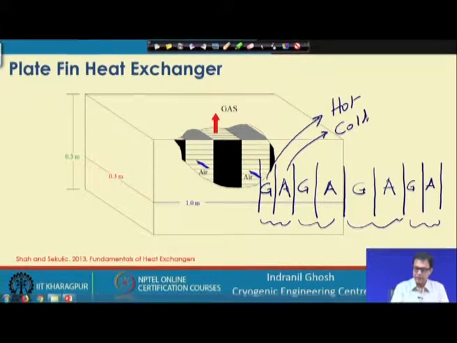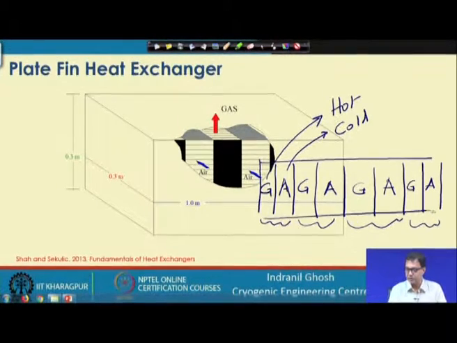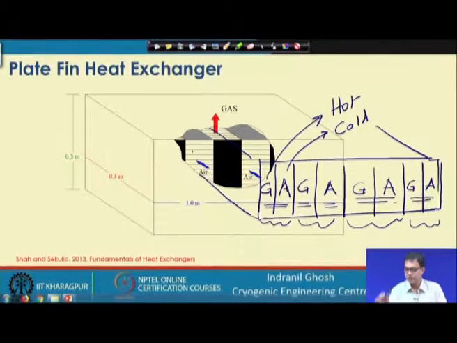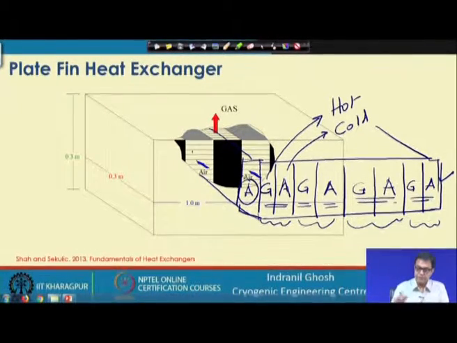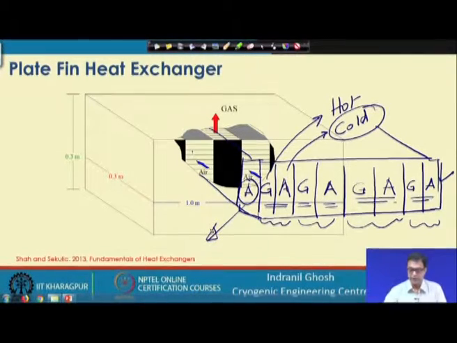What we did not mention in the last class is that, though this is the building block, with gas and air alternatively flowing and the last one being air, we will add an additional layer on this side. This is also air.